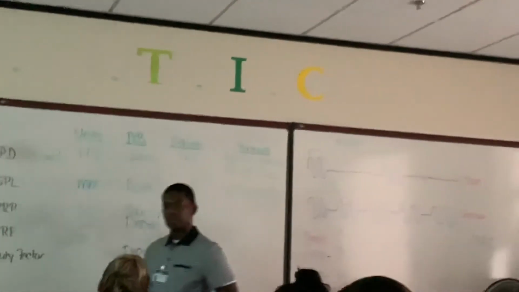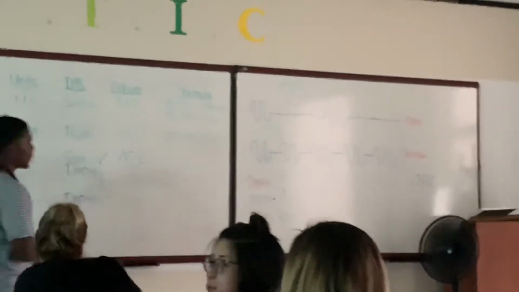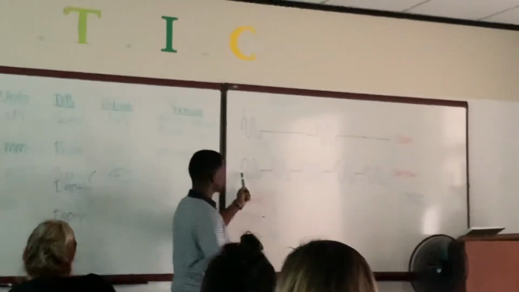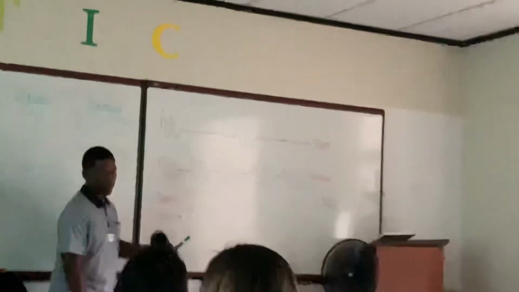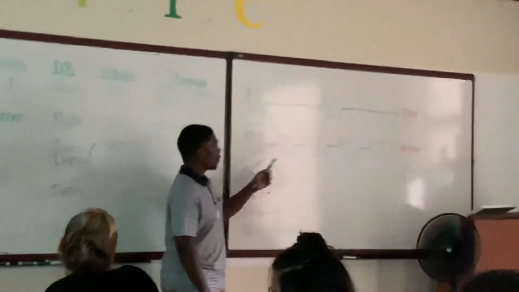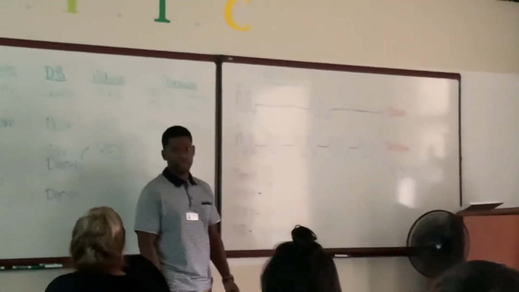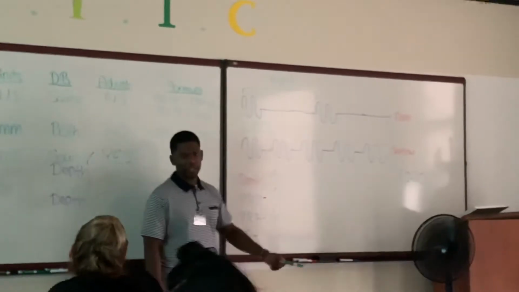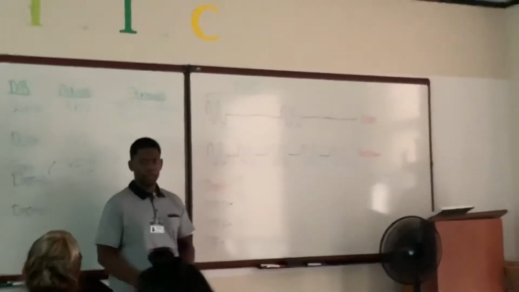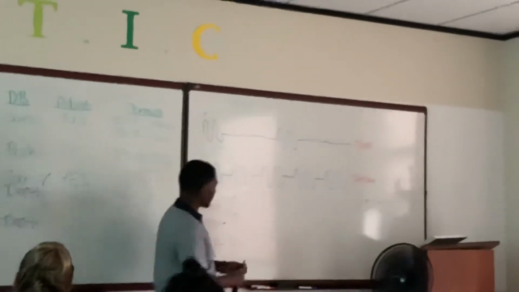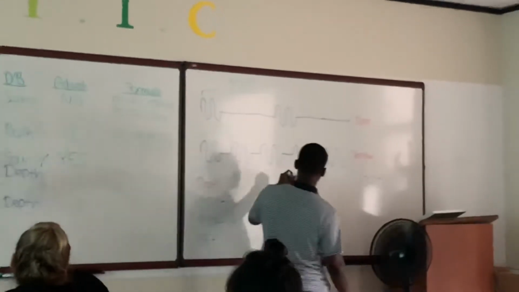Our pulse repetition frequency is inversely related to the imaging depth. It's also inversely related to the pulse repetition period, right? Think about it. Here we have a shorter PRP, but we also have more pulses occurring per second. How many pulses occurring per second on the shallow imaging? 5 pulses per second.